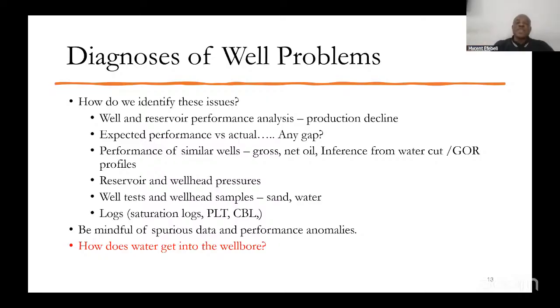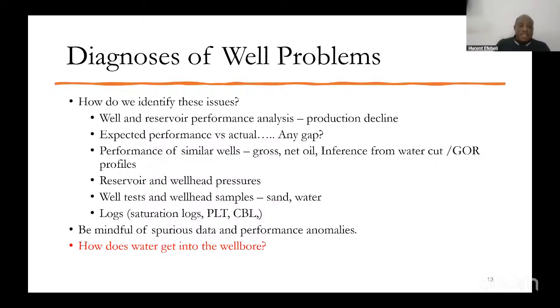Or your MER, your maximum efficient rate test, right? Maybe you tested that well, it gave you like 1,000 barrels of oil per day, but the actual production doesn't really add up. When you test all your wells, maybe the sum of the well tests is far higher than the total production from that field. Then you start looking for bottlenecks within the surface facilities to remove them so that you can produce more.